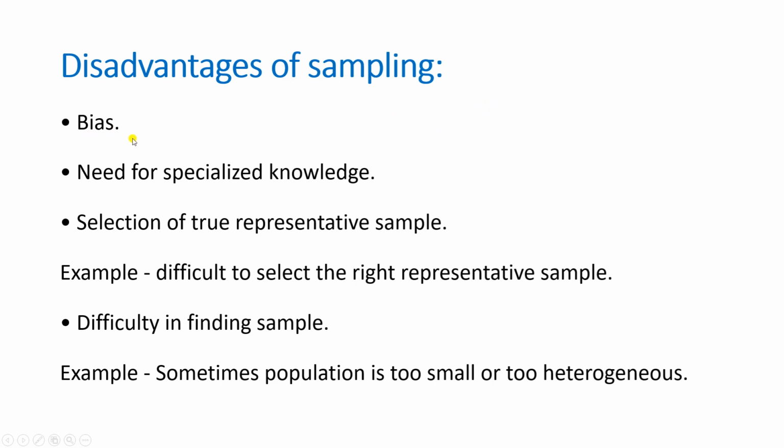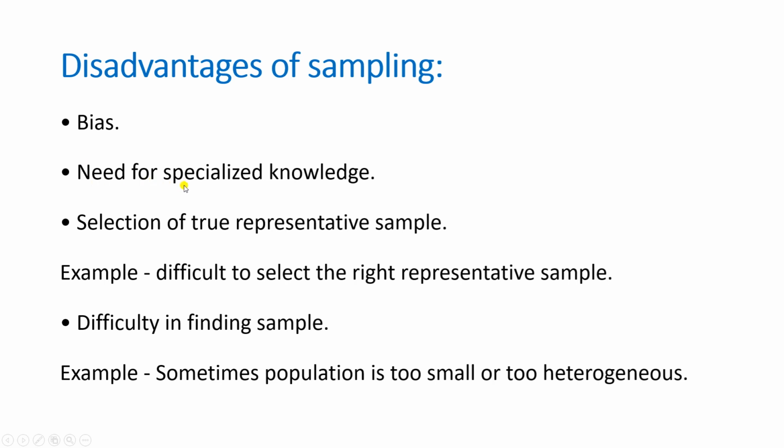That means which group of people or individuals I am selecting as sample, the whole outcome of my study can depend on it. So if I make any bias, suppose I say no, I like this guy or that particular group of people and I want them to be included in my study, that means I can be biased in some way. It should not be like that.